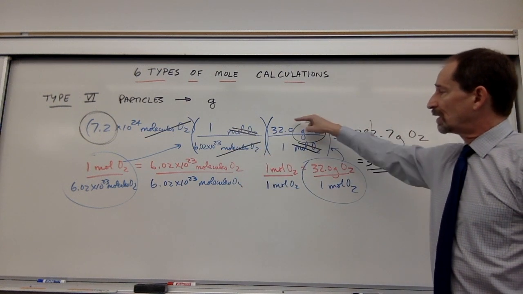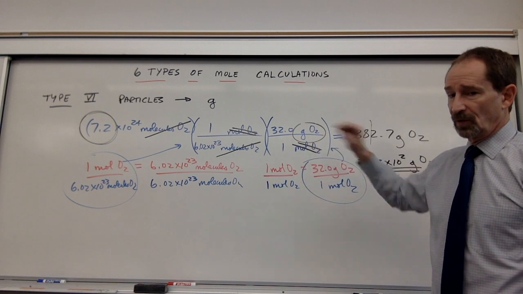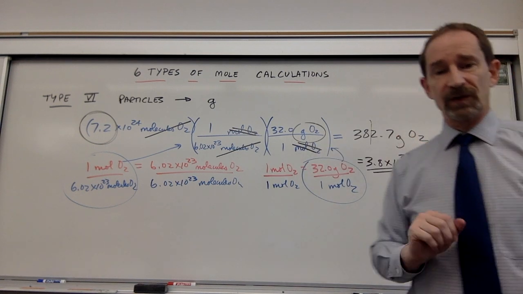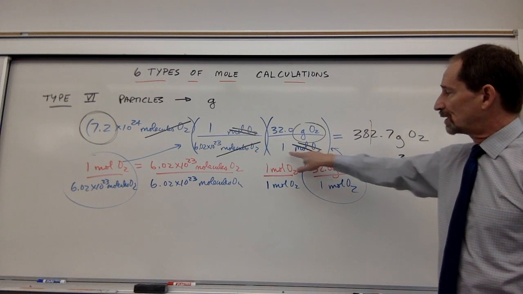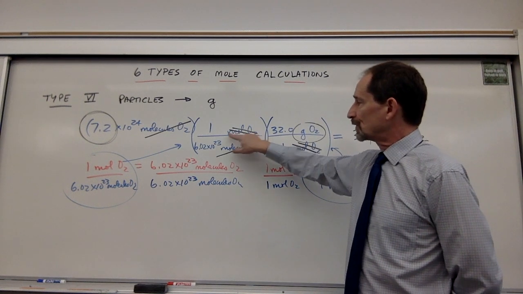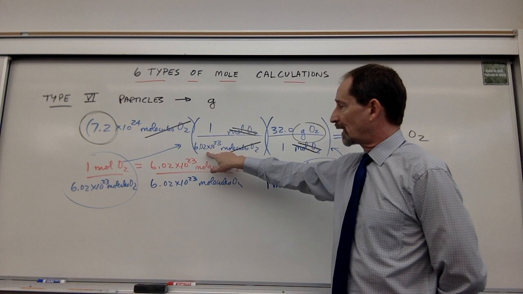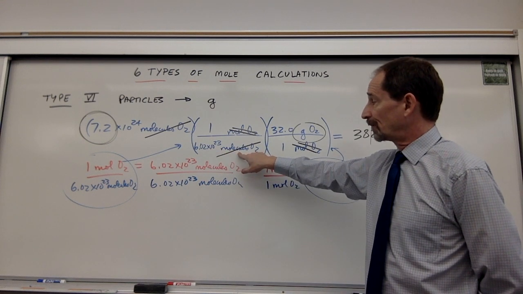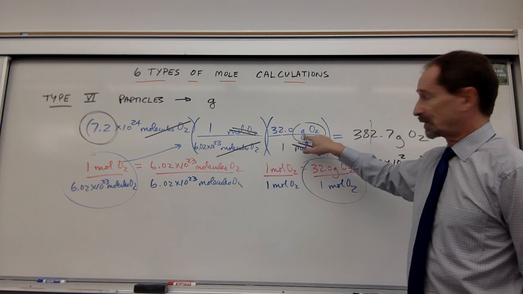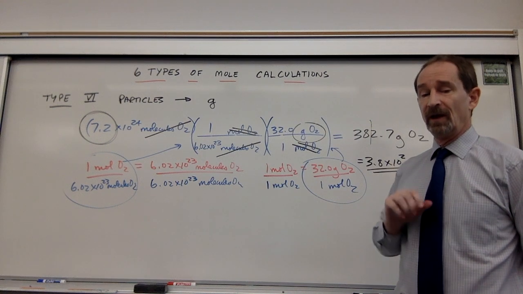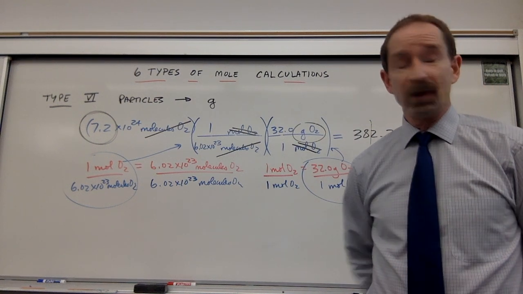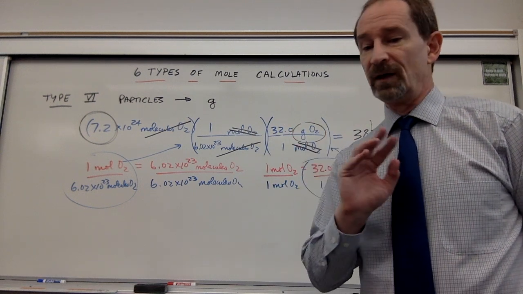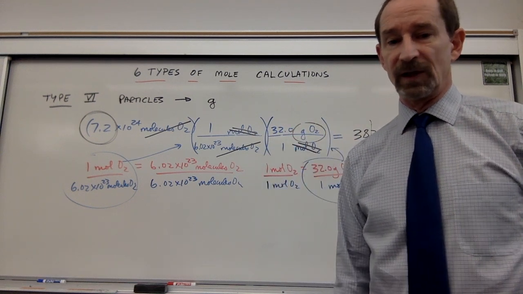Grams to moles, number off the table, and 1 mole. Look back to all 6 examples. In every case, next to moles is 1. Next to moles is 1. Avogadro's number goes next to the particle. The masses goes next to grams. If you follow those simple 6 techniques, really only 2 techniques, you'll never have problems with mole calculations again.